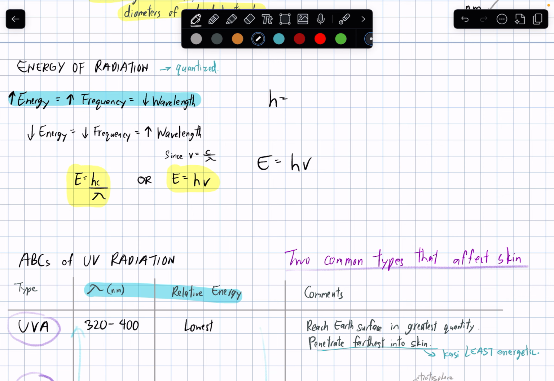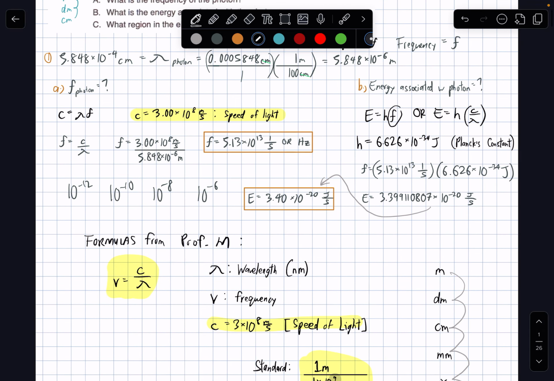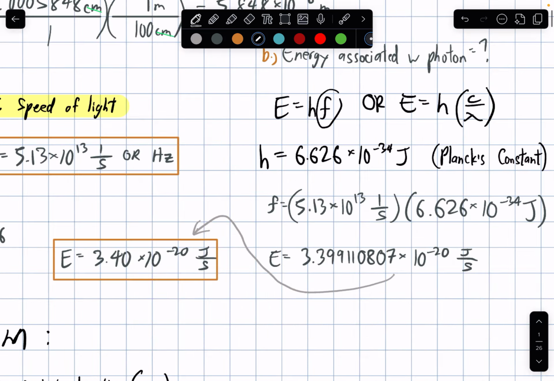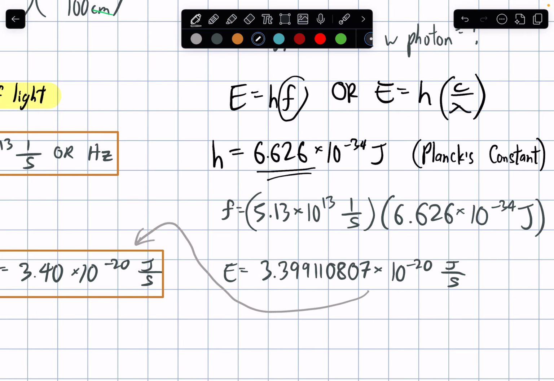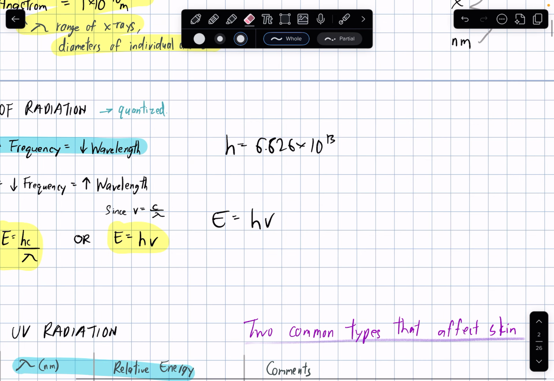Let me try to remember what the Planck's constant is. It's 6.626 times 10 raised to 13. I hope I'm right. Just kidding. I got this correct though. 6.626 times 10 raised to negative 34. So this is what I have to remember.